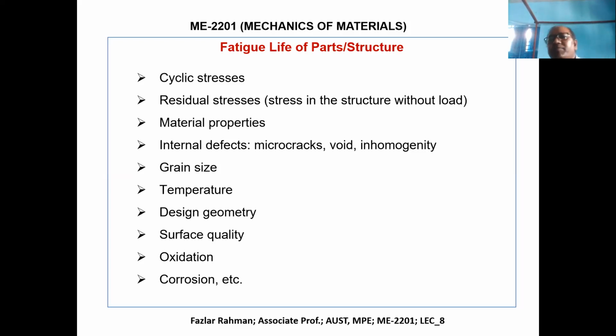This kind of failure is called fatigue failure. Why does it happen? It happens for a small amount of load or stress. If it works repeatedly over a certain time, then that part will fail.